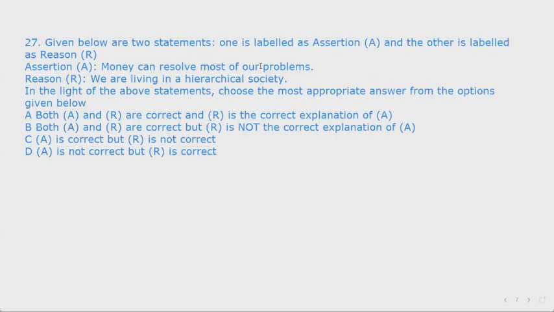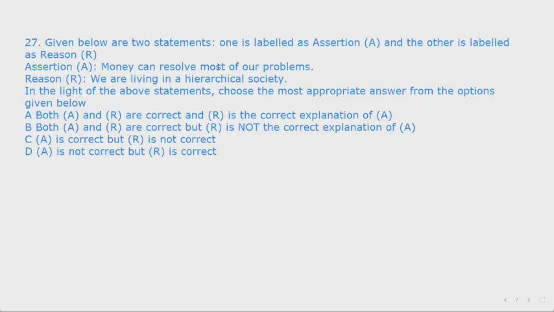So just take care कि आप असर्शन और रीजनिंग के ऑप्शन से ही सिलेक्ट करो. Even after finding out the right answer, sometimes students mark wrong because they don't read A and R correctly. So just be careful about that.